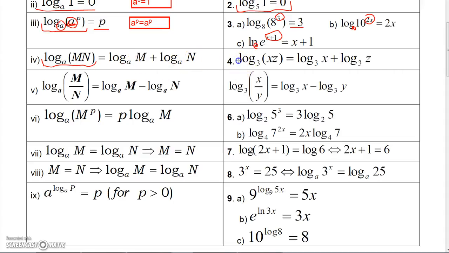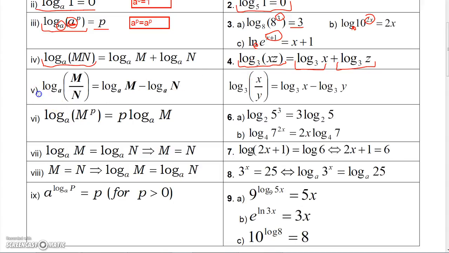So this is helpful in solving equations, and you can go both directions. If you had the log of xz base 3, you could write that as the log of x base 3 plus the log of z base 3. But you could also go the other direction. If you had this sum, you could write it as the log of x times z.